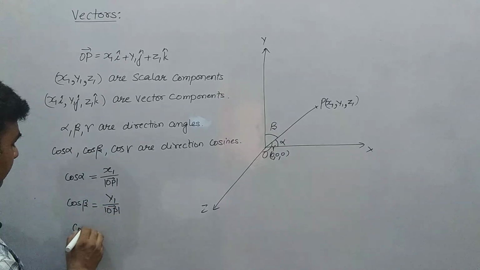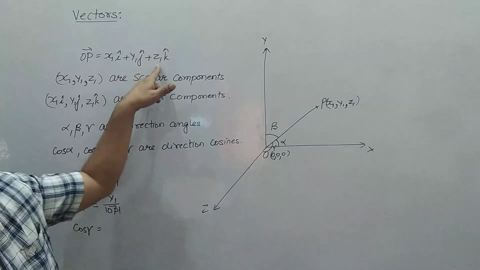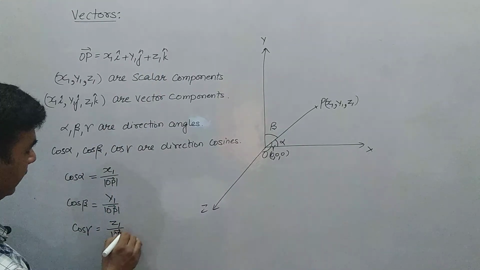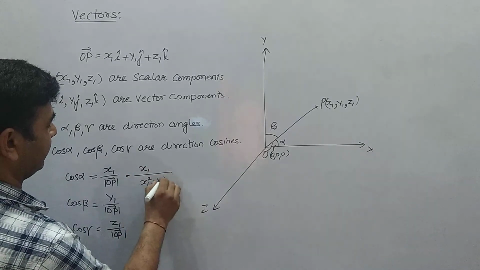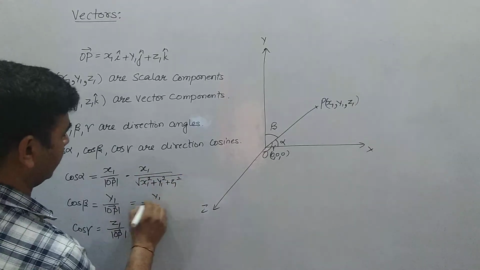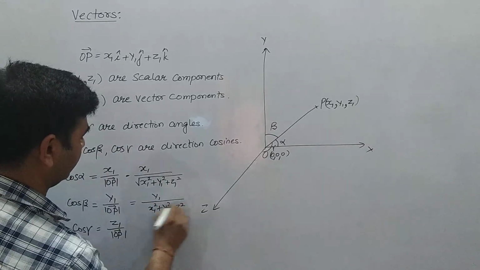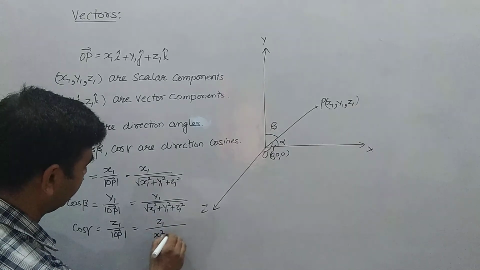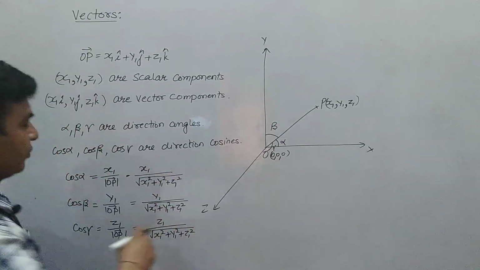And cos gamma, the direction cosine along the z-axis, is z1 upon the magnitude. These are x1 over the square root of x1 squared plus y1 squared plus z1 squared, y1 over the same root, and z1 over the same root. These are the direction cosines.